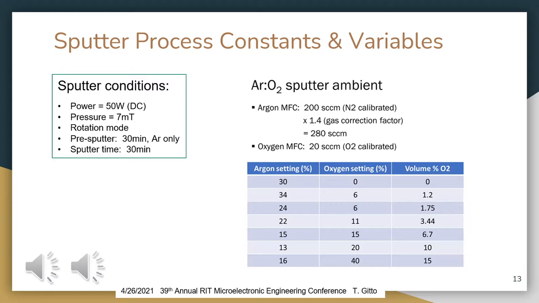So we want to observe the volume percent oxygen within the chamber while we're doing our sputter. And that's exactly what we could see here. You take the argon percentage, oxygen percentage, add them together, and then divide by the oxygen, and then you'll get your volume percent oxygen within the chamber.